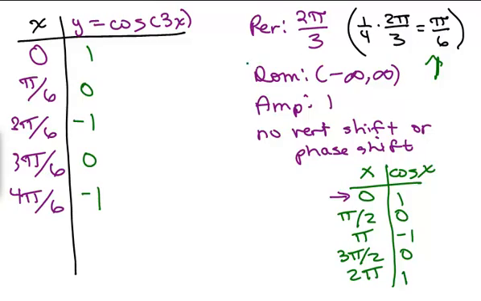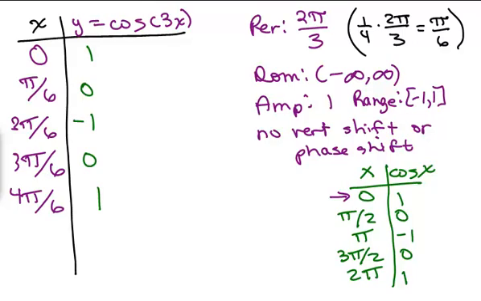We've got the period, the domain, the amplitude, no vertical or phase shift, but how about the range? The range is going to go in between negative, I made a little mistake here, that's a positive 1. The range is in between -1 and 1. And I think we have everything.